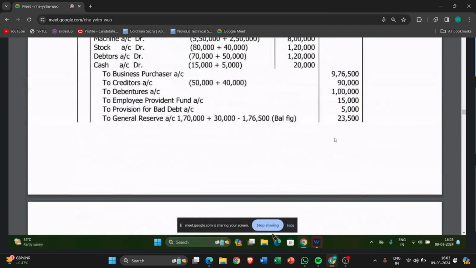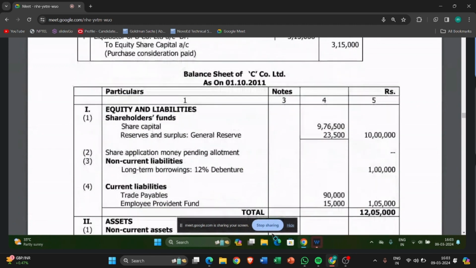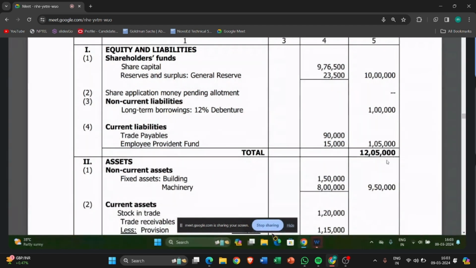This journal entry that you have written will form your balance sheet, right? So these are the assets, these are the liabilities that you will write, and capital is the amount of shares issued. So I've got debentures, I've got sundry creditors of both the companies, and I've got employee provident fund of B Limited, which has been written here. This becomes the liabilities of the new company, that is C Limited.